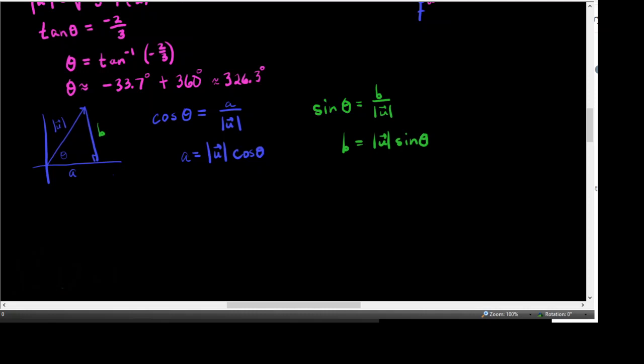So those are another couple of formulas that I expect that you need to commit to memory. The horizontal and vertical components A and B can be found by multiplying the magnitude of the vector u by either cosine of theta for the horizontal component or by sine of theta for the vertical component.